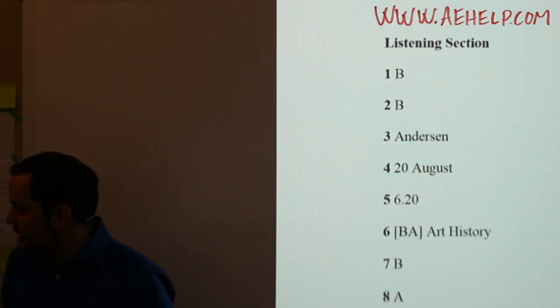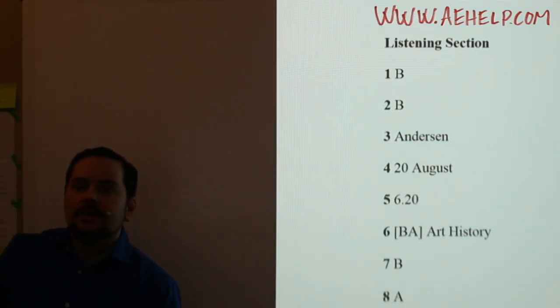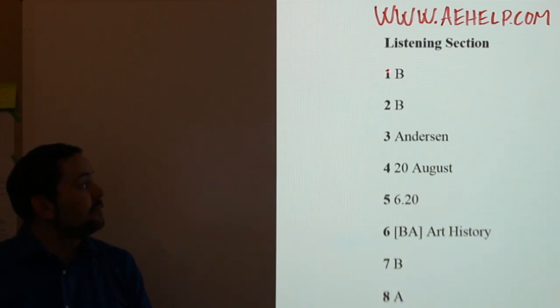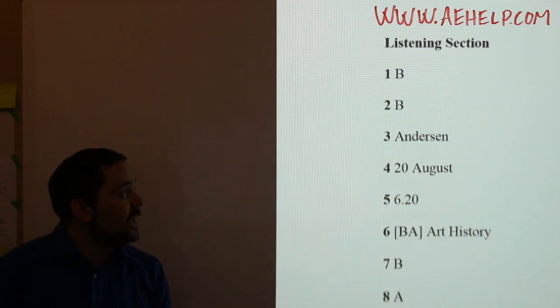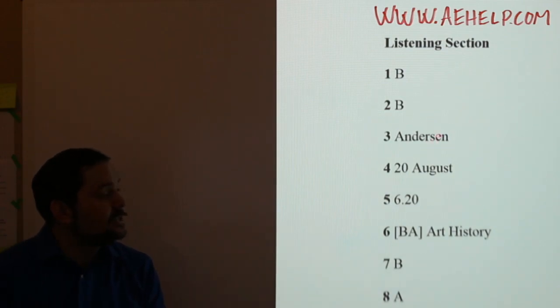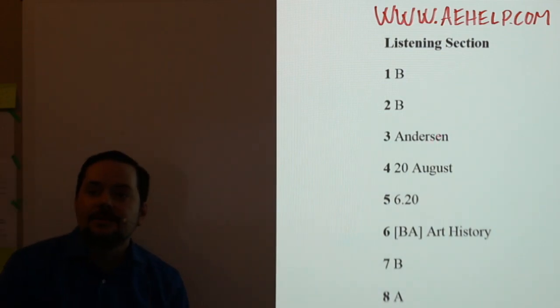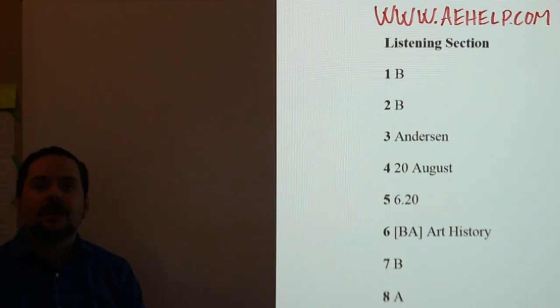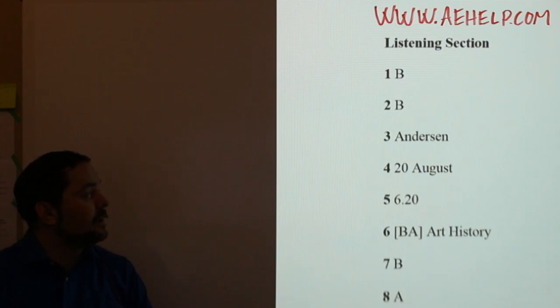Okay, so notice that the answer here is B for the first one, B for the second one, and it's Anderson, spelled Andersen. You have to get the spelling correct, okay? So the spelling has to be correct here for you to get that mark. Number 4, the answer is the 20th of August, okay?